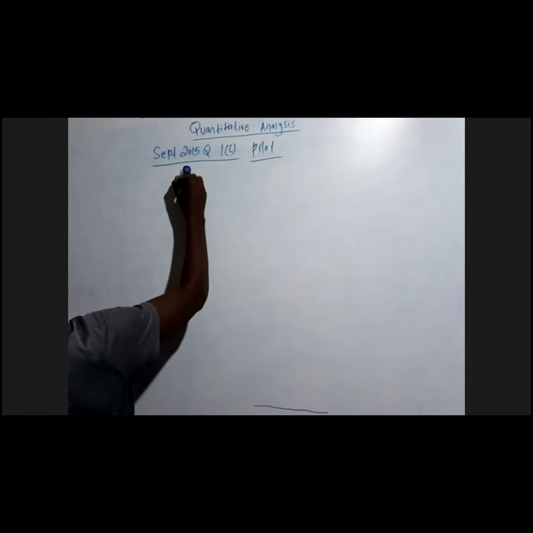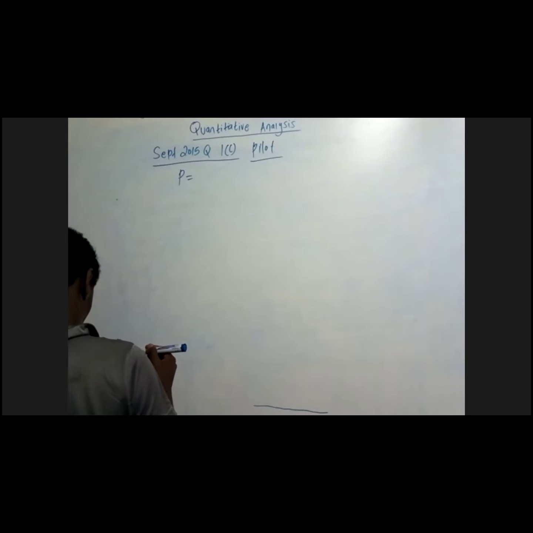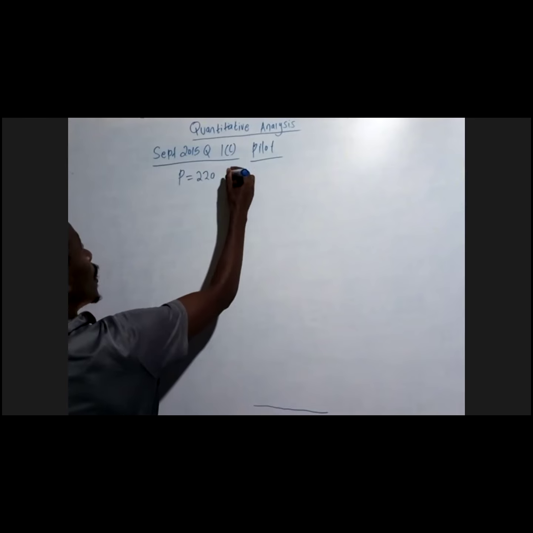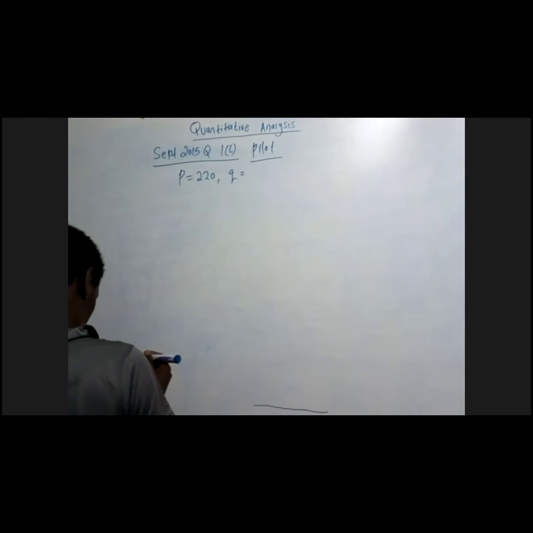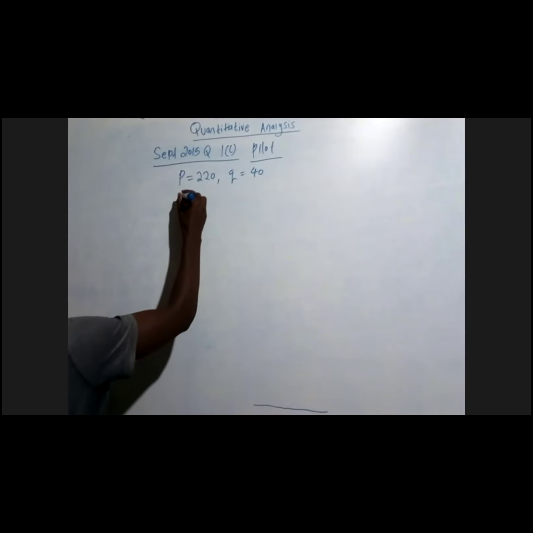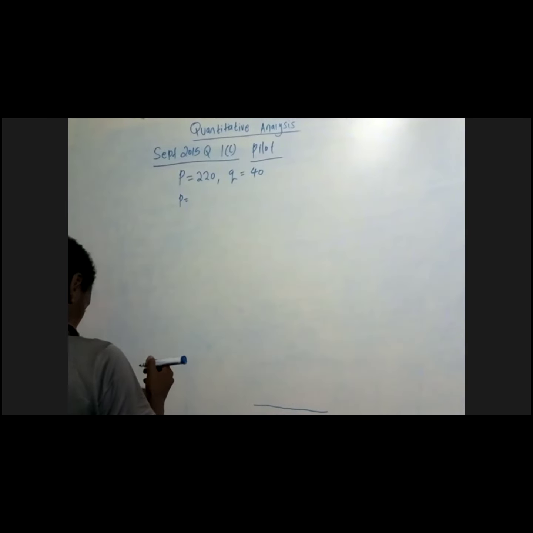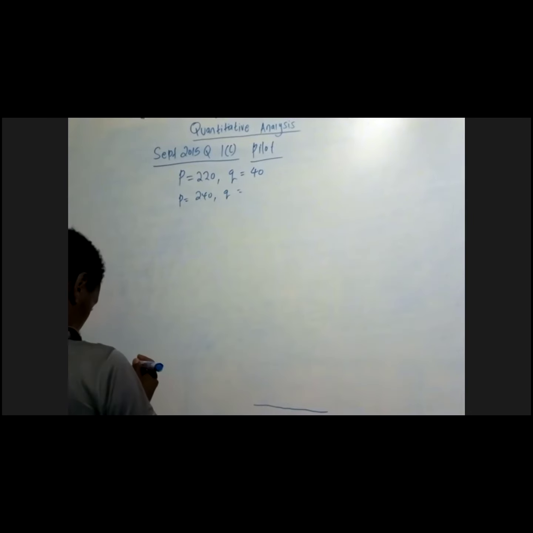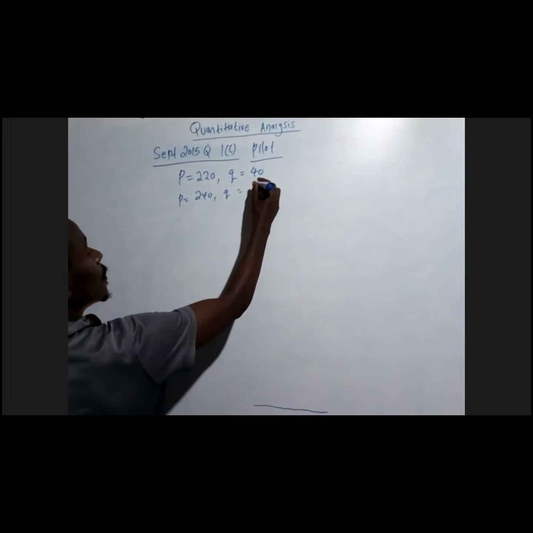Now, when P is 20, our Q is 40. And when P is 40, our Q is 30.